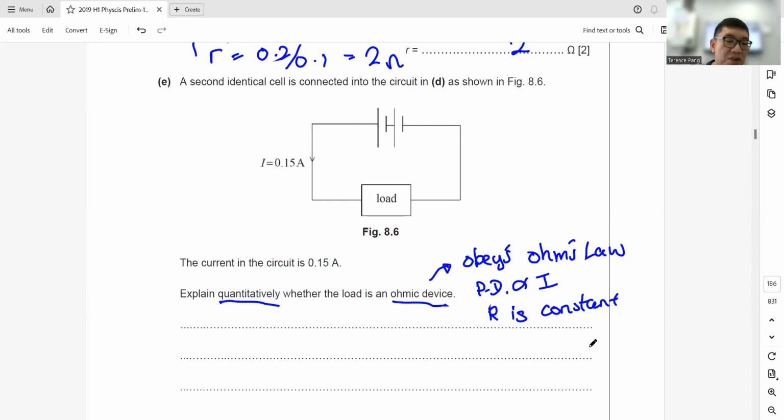This question is a bit tricky because they neglected to include the internal resistance. To help you visualize, you need to draw this in. When I say they neglected, it doesn't mean that they forgot. They intentionally neglected.